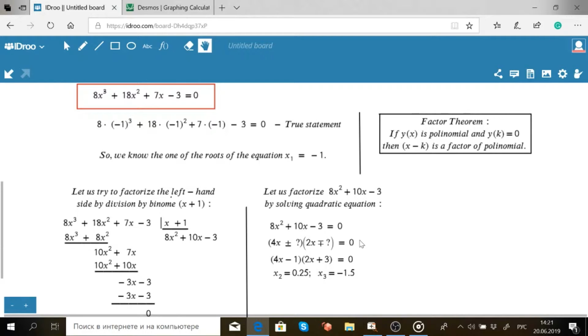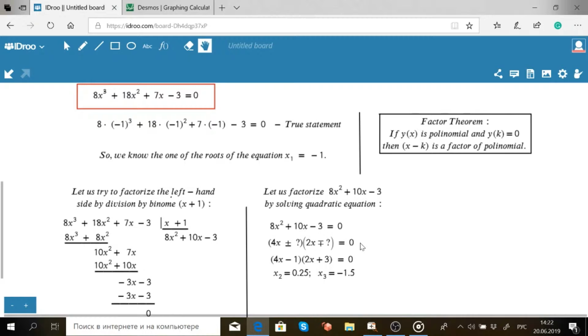We know that an equation of the second order has 2 roots, so we will try to find 2 factors. The first term is 8x squared, and we can express it as a product of 4x and 2x. Let's use these factors as the first terms in both brackets.